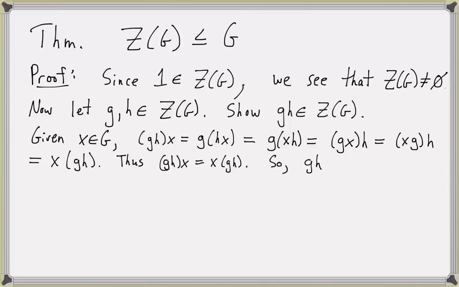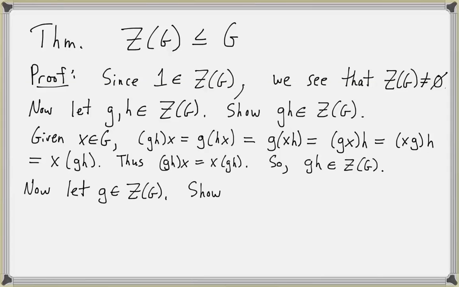So gh is in the center of G. Now we need to show that the center is closed under taking inverses. Now let g be an element of the center of G. We want to show that g inverse is in the center of G as well.